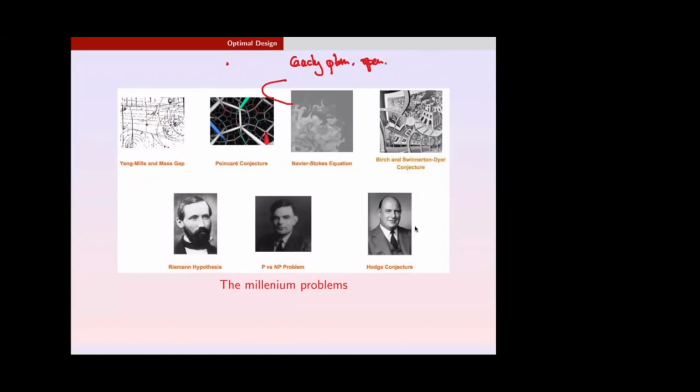30s, so 80 years ago, essentially, where he followed the ideas of Cauchy, saying I should consider the Navier-Stokes equation in the full space, take an initial datum, for instance, in L2 of R2, and then try to prove that there is a unique solution which is continuous with values in L2, has a gradient in L2 space-time, and so on.